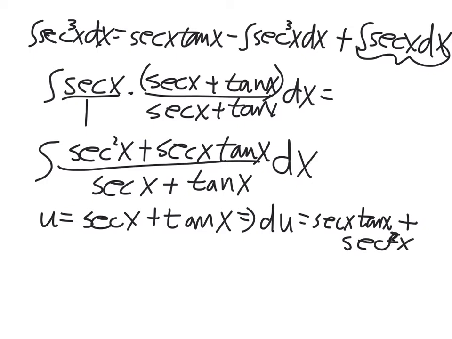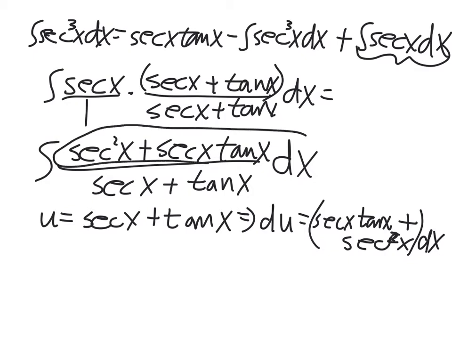That's a square, and then times the dx. Well, where do we find that in our integral? That's the numerator. Of course, opposite order, but adding is commutative.